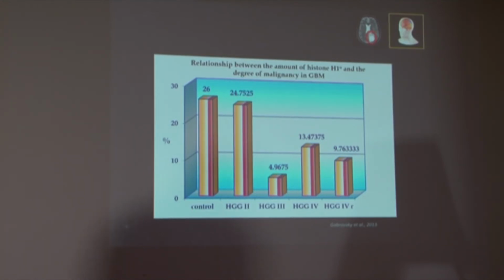So we think that this histone is somehow involved in the differentiation of the cells. This is known already, but in these severe tumors, it has to be removed in order for cells to go without differentiation and make big tumors.